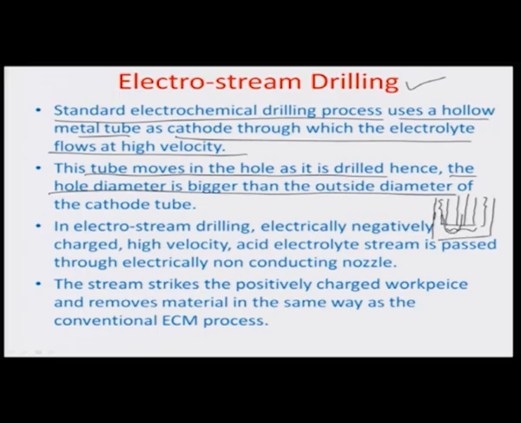So there is going to be a flow of electrolyte across this central concentric tube, and the overcut that would be generated would typically be in this area. Let's just make it a little better looking.